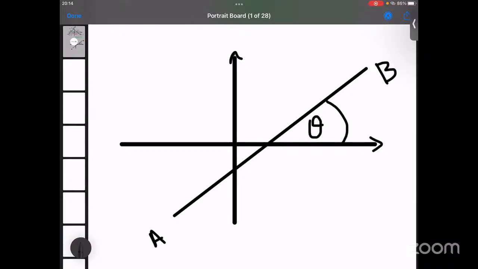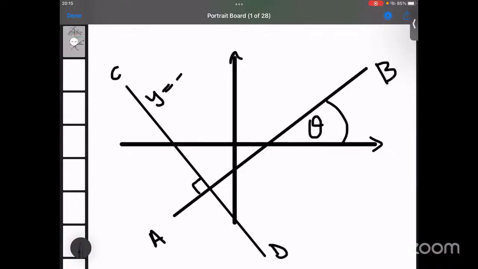From there we have another line, and that line is perpendicular to line AB. So this would be CD, and line CD has an equation, let's say, y equals negative 1 over 2 x minus 4.